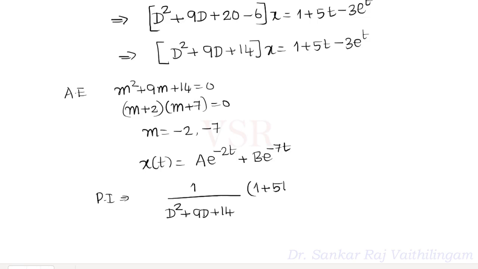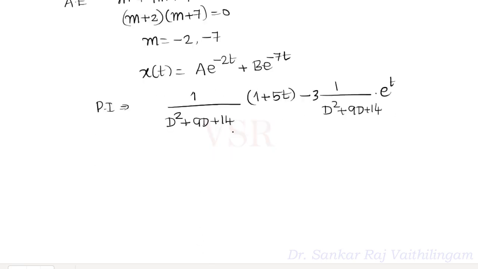This is first an algebraic part, plus, minus 1 divided by (D square plus 9D plus 14) into minus 3 e to the power t, we can keep the minus 3 here. Very simple. So what do we get here? We can take 14 out.